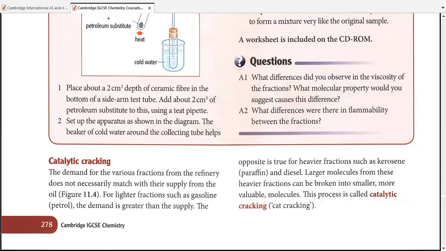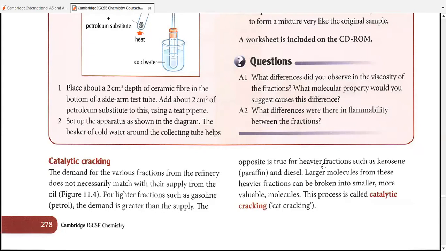Now, the term over here is not just cracking, it's catalytic cracking. First of all, let me define cracking for you. This is defined on the right-hand side paragraph over here, but in fact, let's go with the lines. The demands for various fractions from the refinery does not necessarily match with the supply from the oil. The lighter fractions such as gasoline are far greater in demand than their supply.